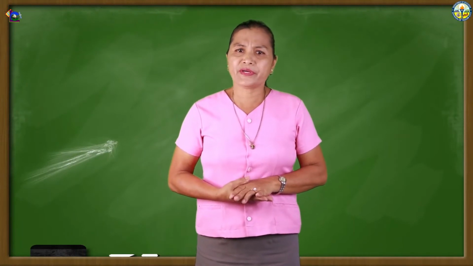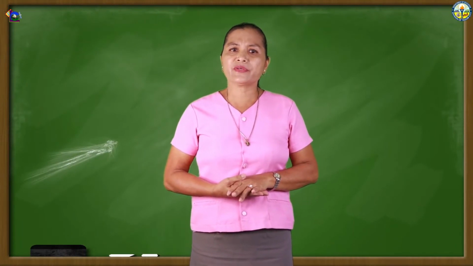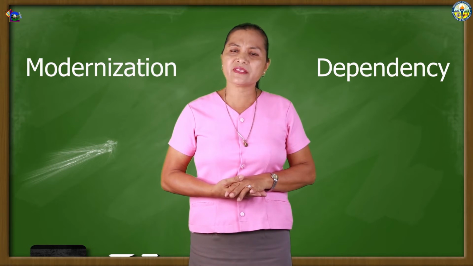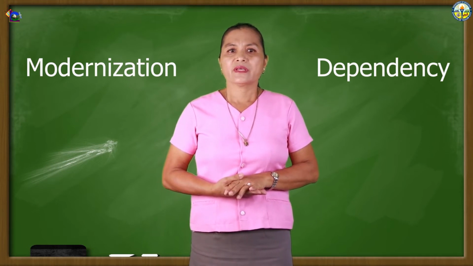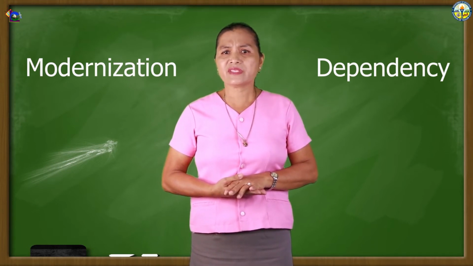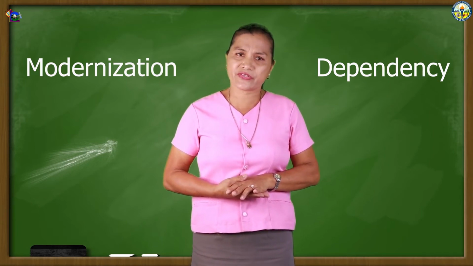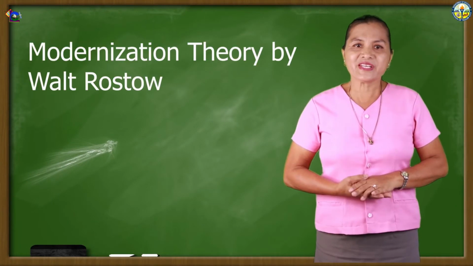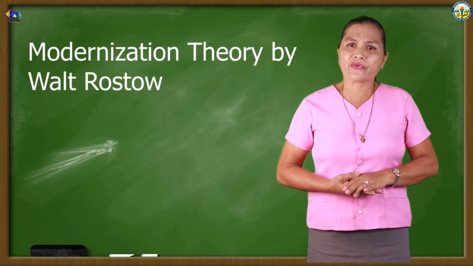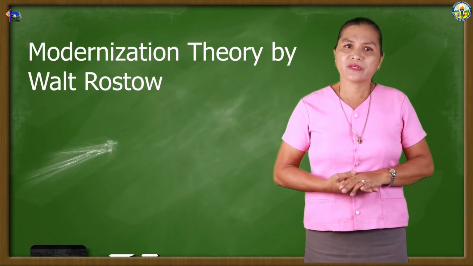As we move further, we will talk about the modernization and dependency theories. These two theories best explain why inequalities exist among nations. First, the modernization theory by Walt Rostow.